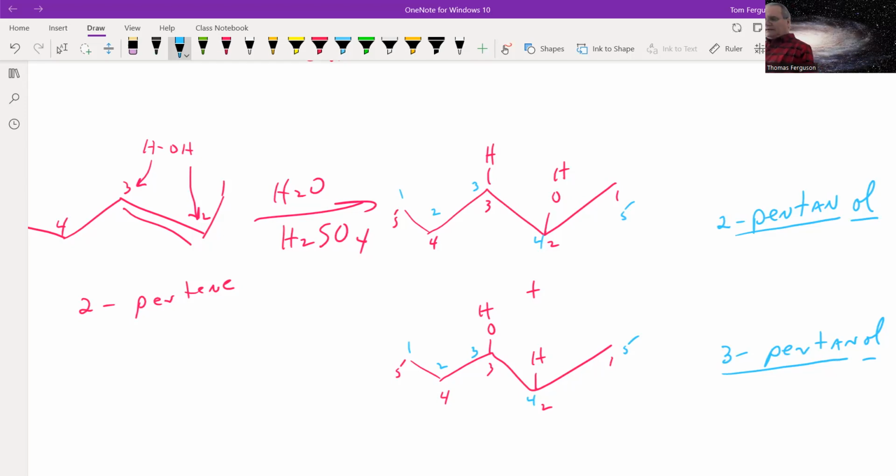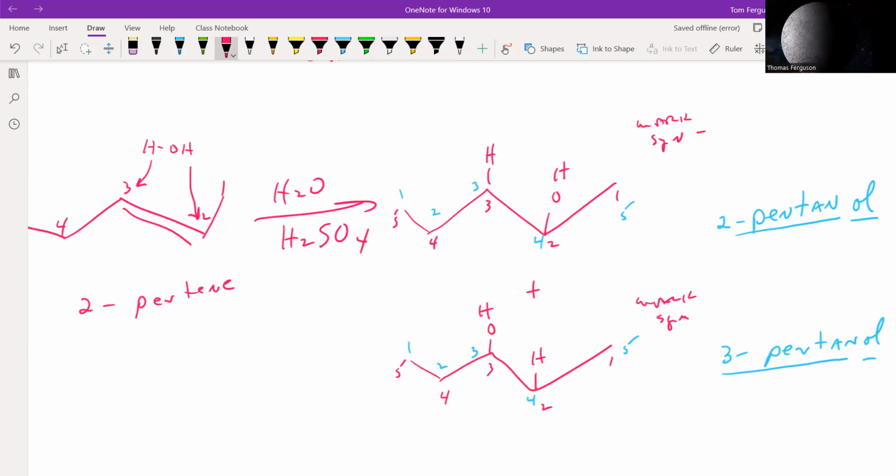Which is more stable? We do the same kind of arguments again. We have Markovnikov, symmetry, Markovnikov, symmetry. Symmetry on the top is not symmetrical. Symmetry in the bottom is yes, the OH is exactly in the middle.